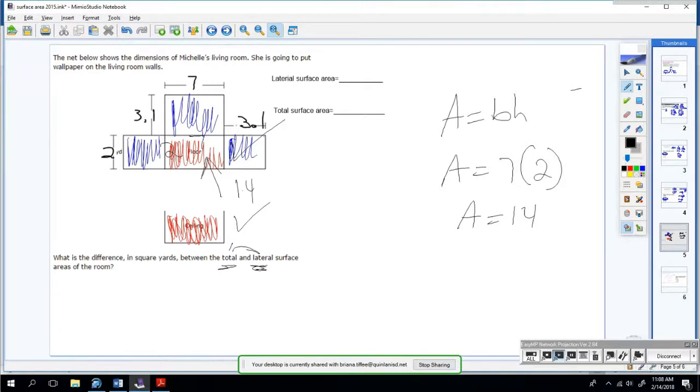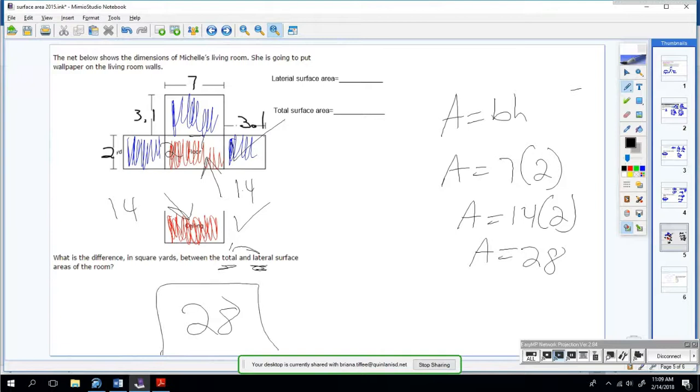So one of my bases is 14. So the floor is 14. Well, if my floor is 14, my ceiling has to be 14 as well. So 14 times 2, or 14 plus 14, is 28. So the difference between my total and my lateral is just 28. Remember, I just saved you a lot of work, because the difference between total and lateral is you just get rid of your lateral faces and just find the area of the base. So that's just my example.